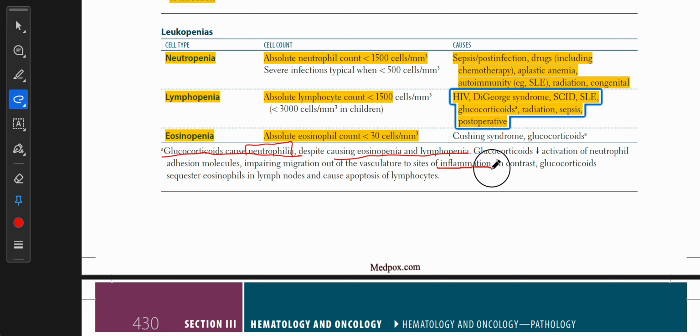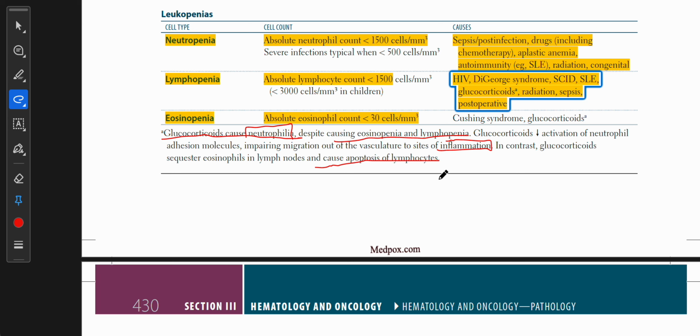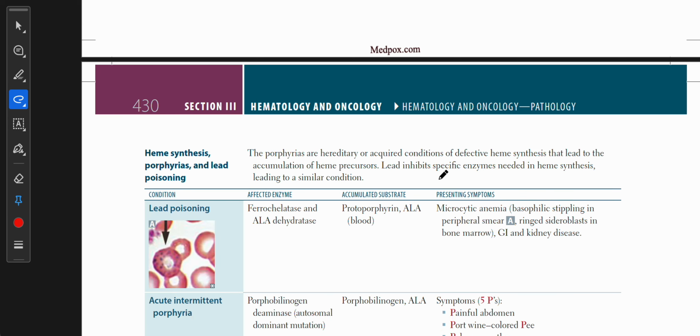We have studied inflammation in our general principles, and if you haven't watched that video, I'll be attaching it in the I portion above. In contrast, glucocorticoids sequester eosinophils in lymph nodes and cause apoptosis of the lymphocytes. This is why there is an increase in neutrophil count, but also a decrease in eosinophils and lymphocytes. You have to know this.